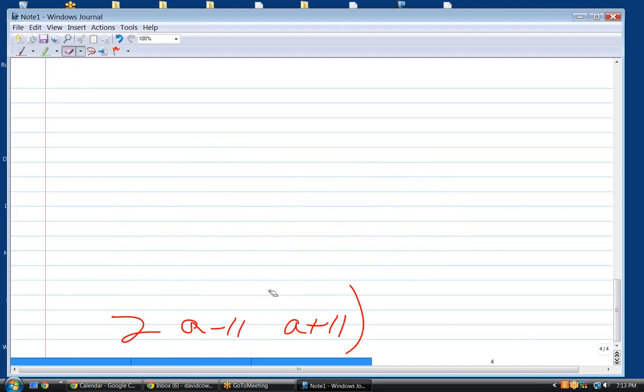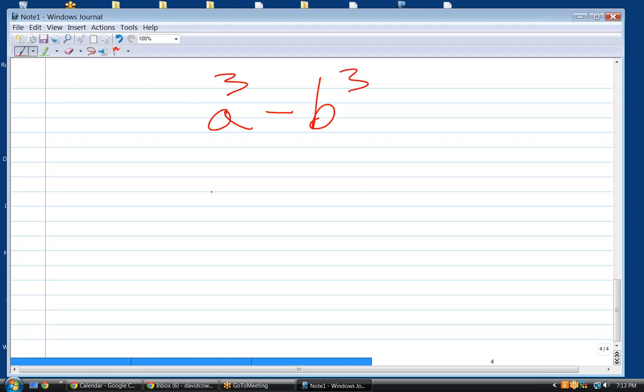Okay. Now, I don't know if you'll learn it this year, but there's also difference of perfect cubes, and there is the sum of perfect cubes. And you will, at some point, have to memorize those. But the difference of perfect cubes would be a cubed minus b cubed, or something like x cubed minus 8.